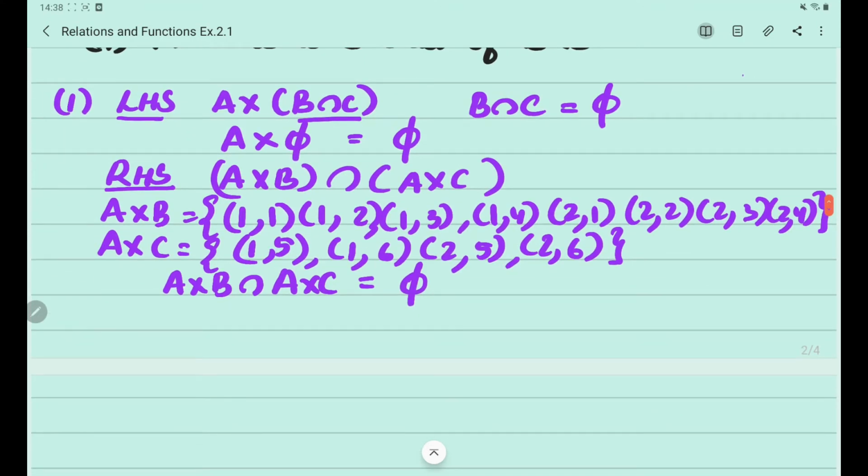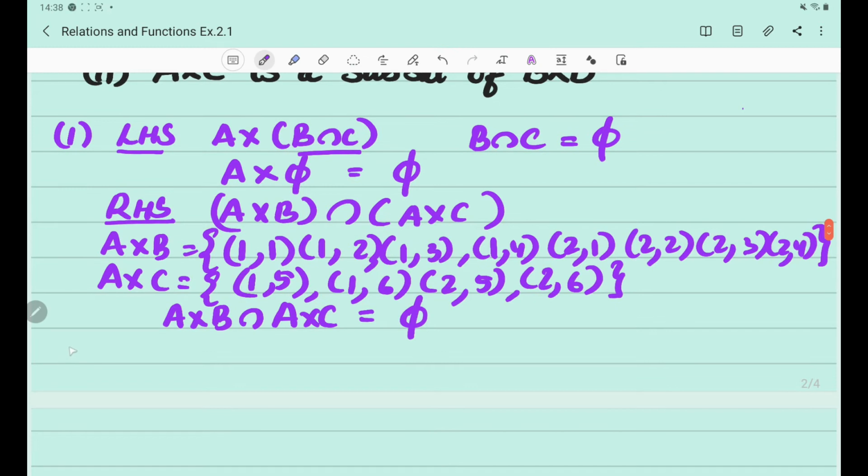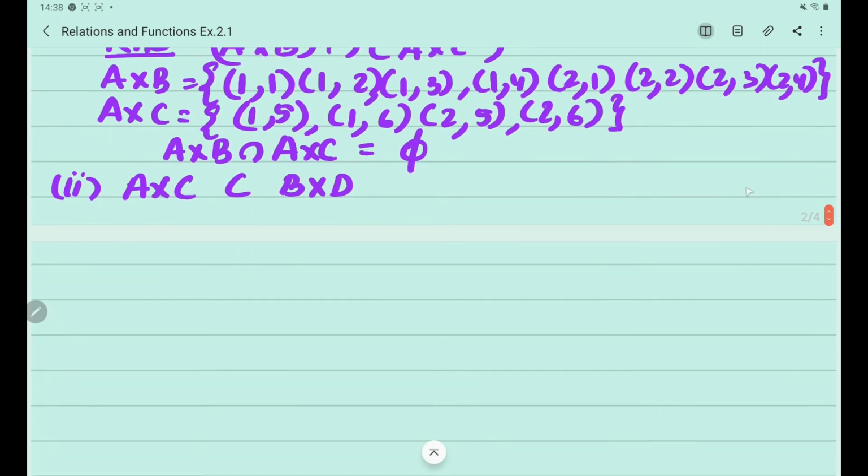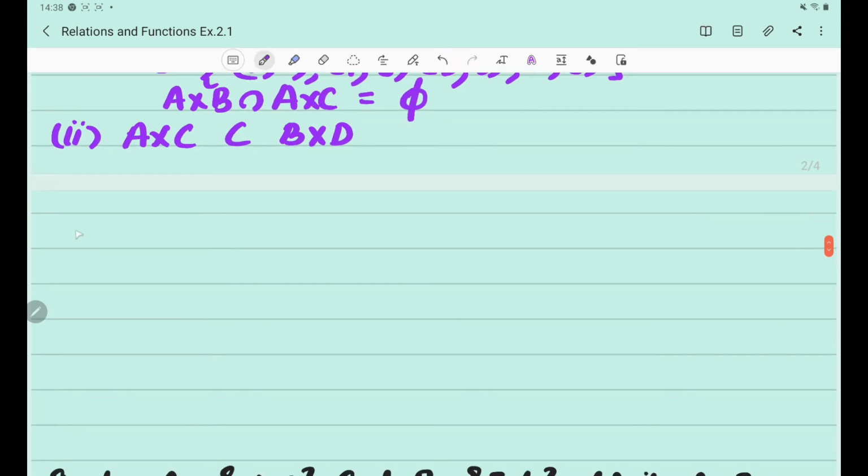In the second one, we have to prove that the Cartesian product A cross C is a subset of the Cartesian product B cross D. A cross C we have already found, right? Now we have to find B cross D. B cross D is the set of all possible ordered pairs, right?